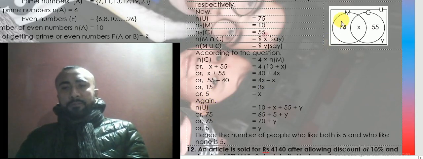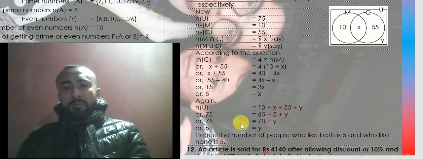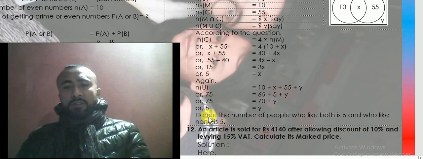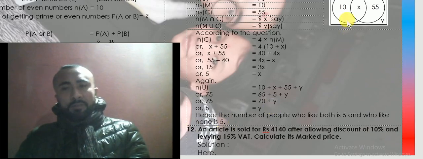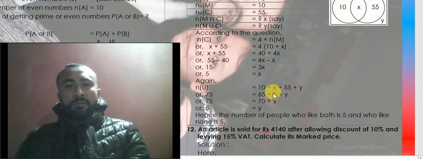Lastly, if you add all these elements you get the value of U, and from this you get the value of y is 5. So lastly write the conclusion: hence the number of people who like both is 5, because the value of x is 5, and who like none is also 5, because the value of y, which is the complement of M union C, is also 5.